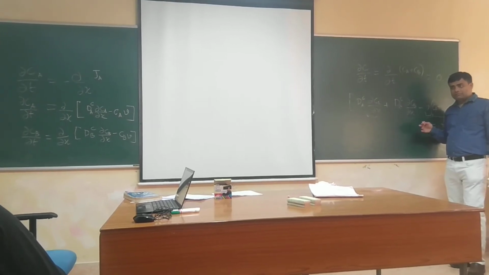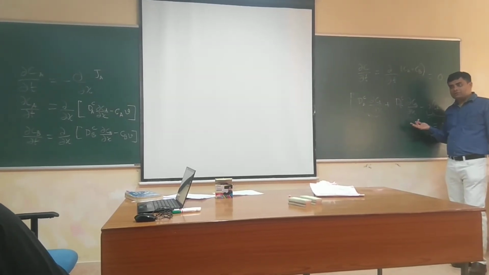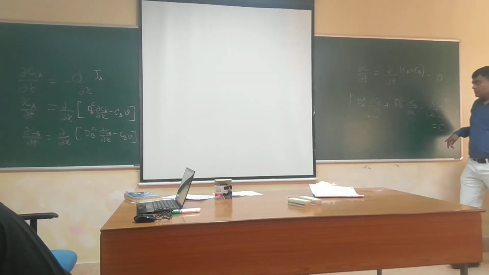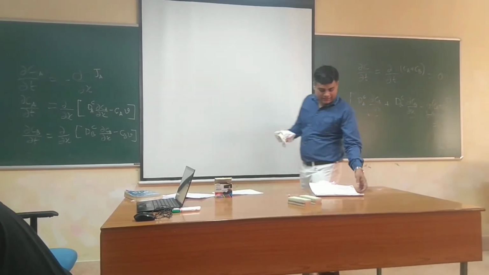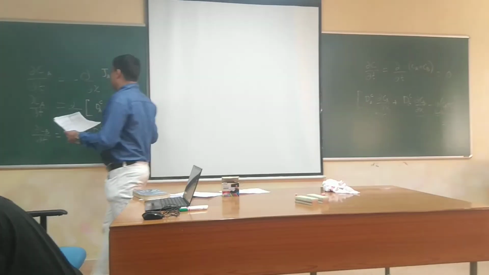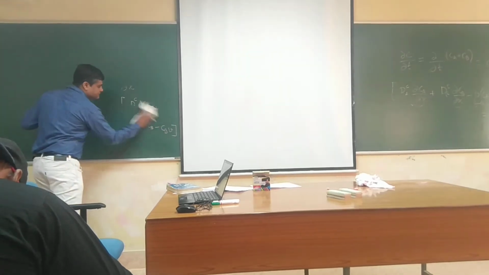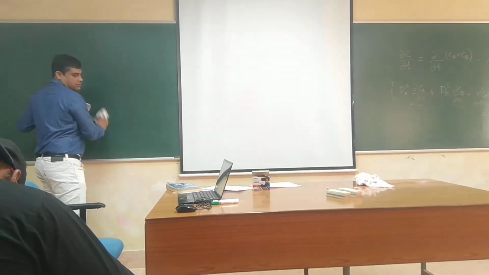So that means the constant value is 0. So the within bracket term is equal to 0, and you are actually getting the expression for marker velocity.